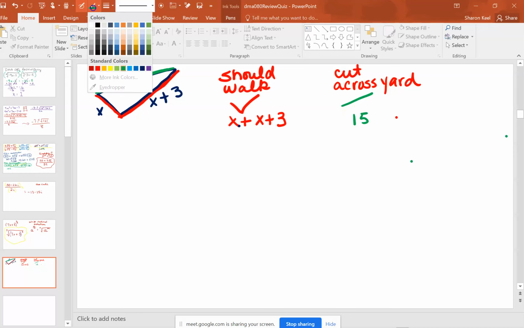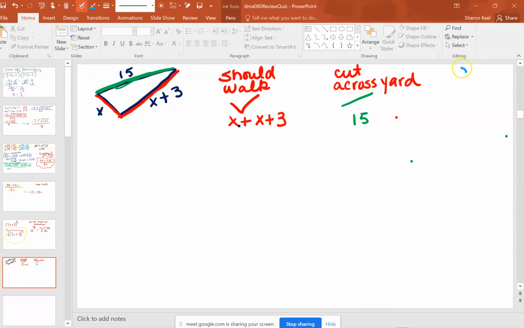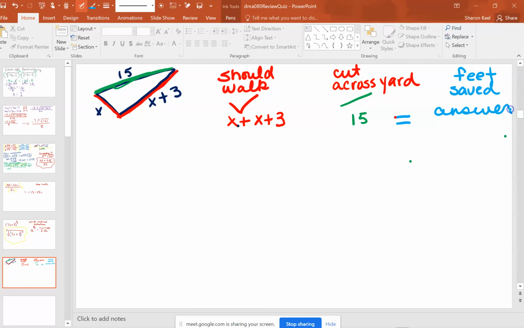What we're trying to calculate is how many feet are saved by cutting across the yard. So that's going to equal, and that'll give us our answer. So if they should walk this distance, but instead they cut across, we would subtract the 15 from whatever this is. Ultimately, that's what we're going to do.